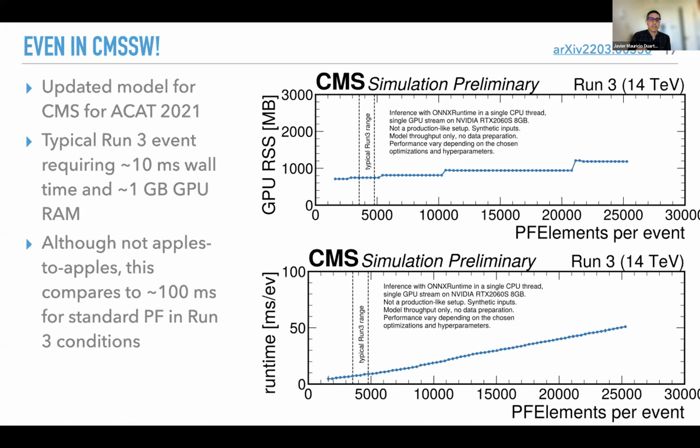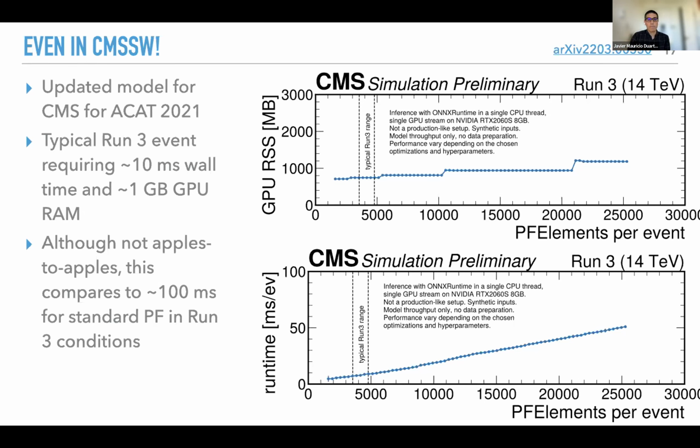As you can see, in this typical run-3 range, which is shown with these dotted lines, the typical run-3 event time is about 10 milliseconds wall time, and it takes about 1 gigabyte of the GPU RAM. This GPU, for instance, has 8 gigabytes, so you could potentially run multiple instances of this algorithm.